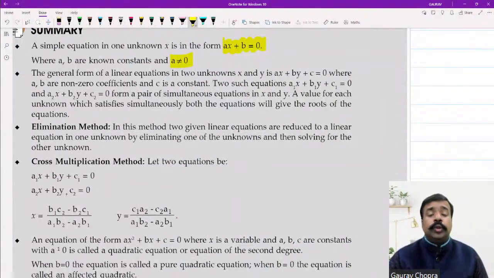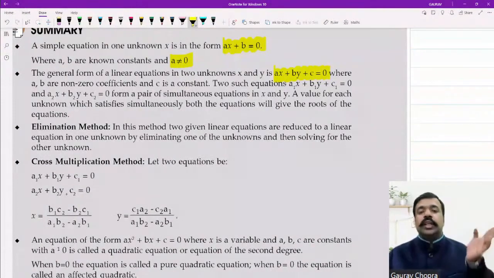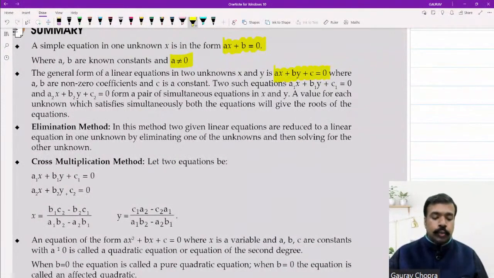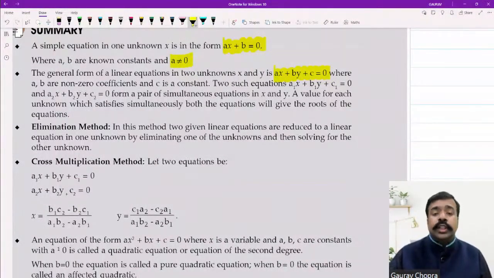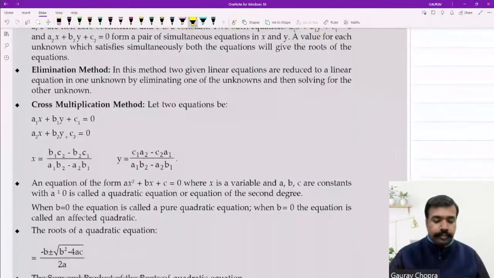So the general form of a linear equation in two variables is ax plus by plus c equal to 0, where x and y are the variables and a, b, and c are simply known as the constants, which are the coefficients of x and y as well. The coefficients of x and y should not be equal to 0. Otherwise, it will become a single variable, or only a constant will be available.